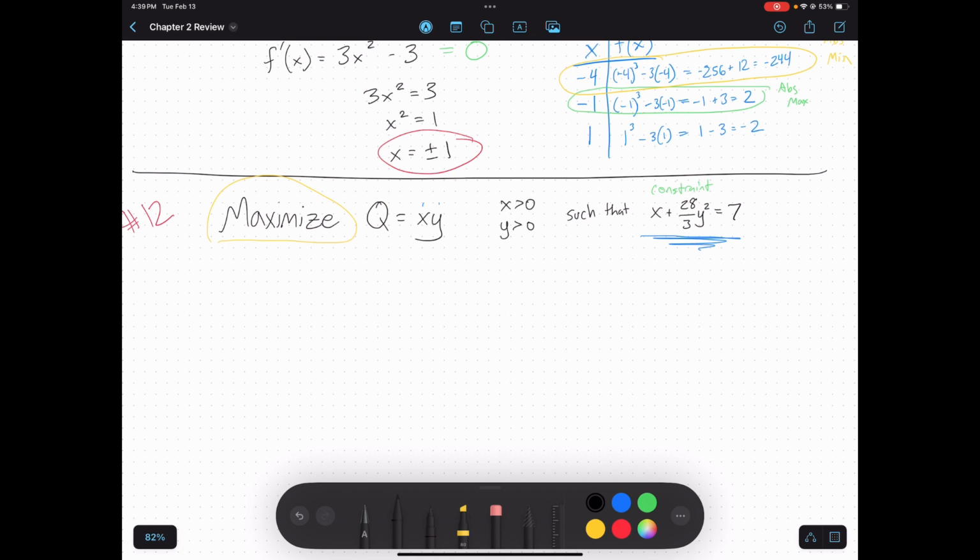So I'm going to solve for x just by subtracting 28/3 times y squared to the other side. So I get 7 minus 28/3 y squared. What that allows me to do is come back here and plug that in for x. I can simplify by distributing.